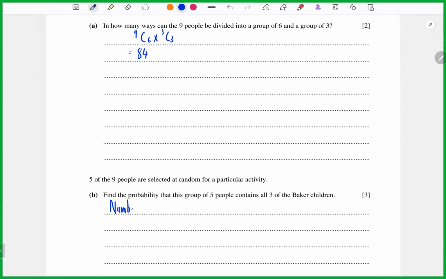So the number with 3 Becker children. Okay, so we just take 5 only.